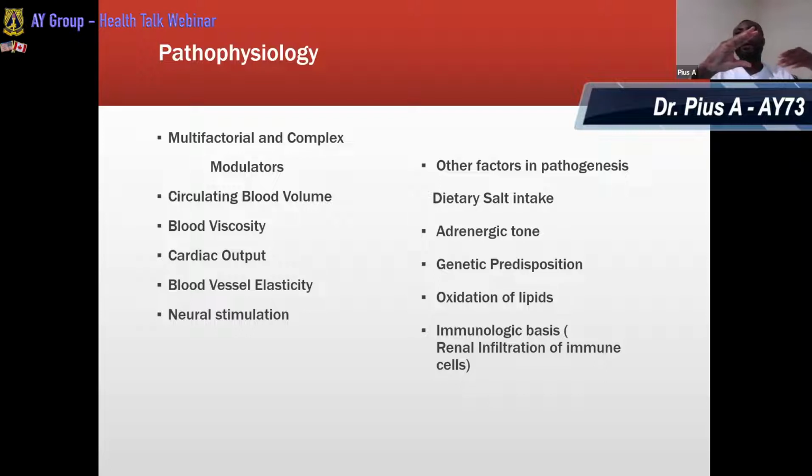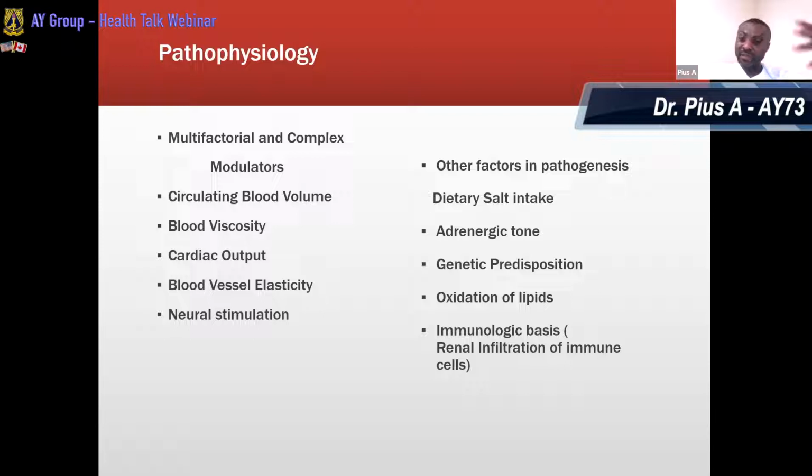If your heart is pumping and your blood vessels are unable to have that elasticity, then you increase the pressure in it. Say if more volume is going through the hole and the hole is not adjusting as it should, the pressure is going to go up. We call it peripheral vascular resistance. There is some kind of resistance to flow because of the inelasticity of the blood vessels.